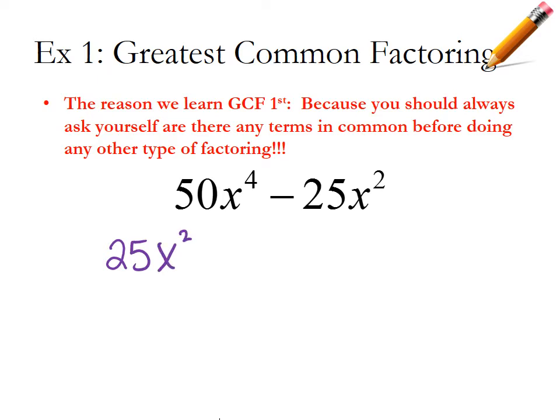Remember, you can only factor out the least amount of x's that you have. By factoring out 25 from 50, I have 2. Factoring x squared out of x to the 4th leaves me with x squared. Remember that anything divided by itself is a 1, so make sure you account for the fact that there was a term there.